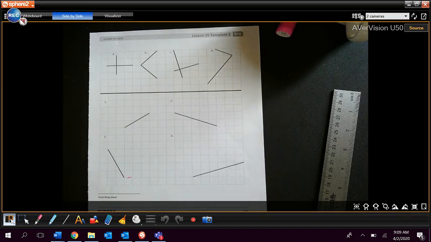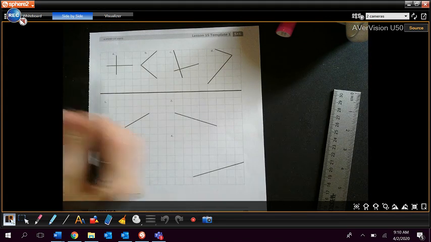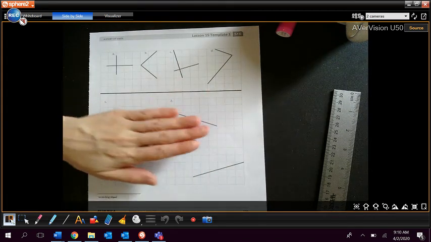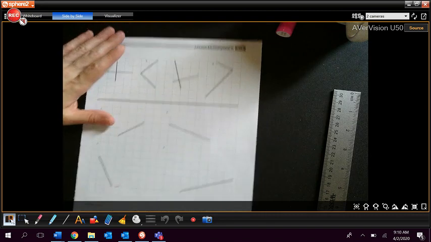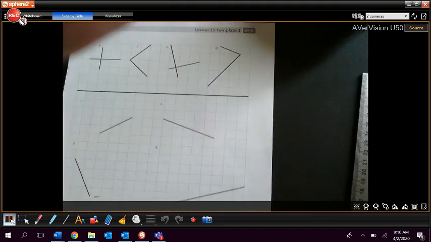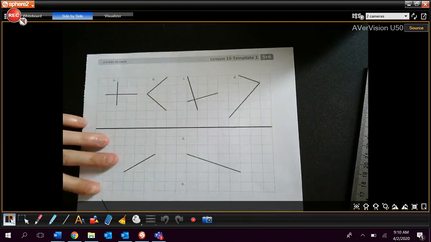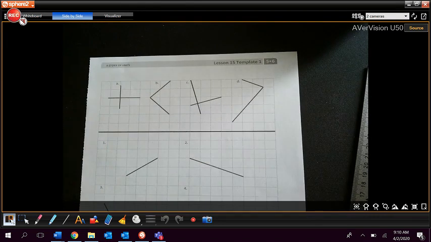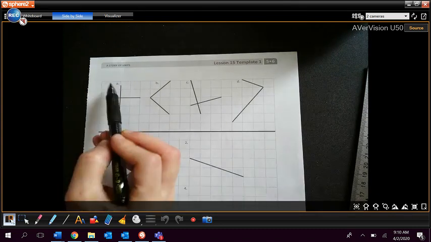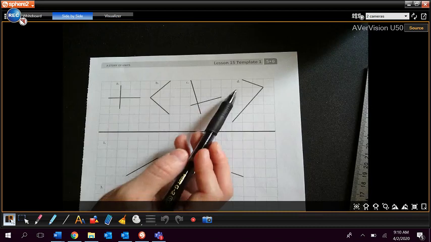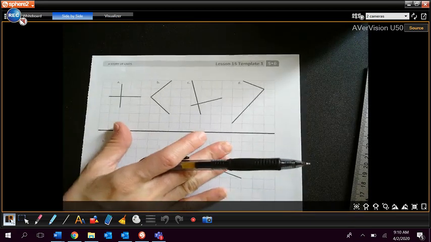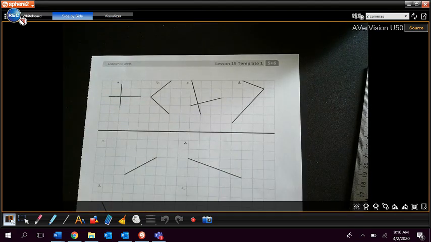Okay, now that you have your template in front of you, we are going to look only at the top part. Right now, we're not going to look at the bottom. We already learned that perpendicular lines form 4 right angles. So just by looking at letters A, B, C, and D, think for a moment which ones you think are perpendicular.